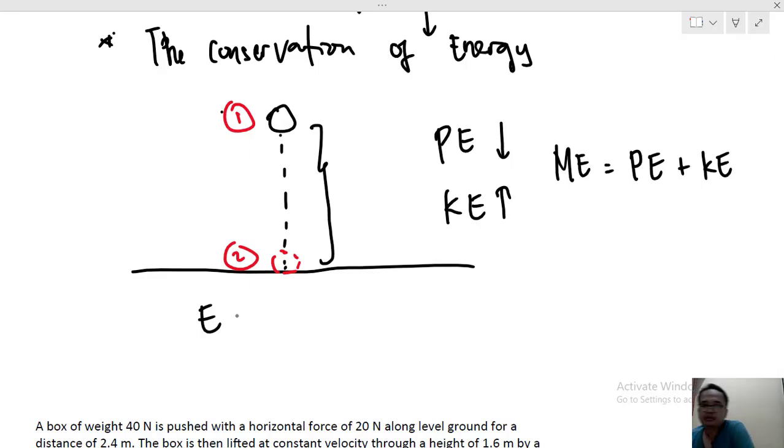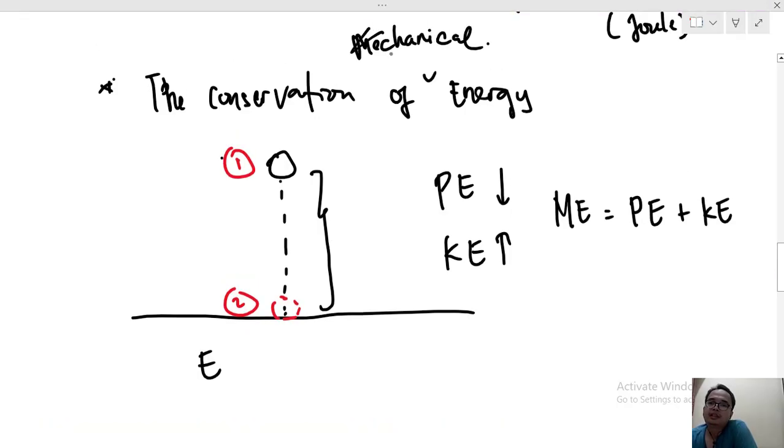So that you don't get confused, I will just call this total energy, not mechanical energy. I will change the variable to total energy.